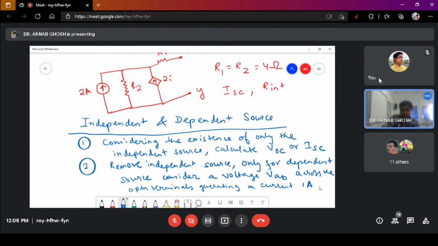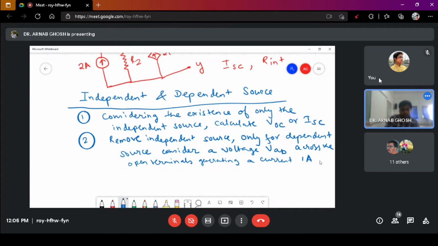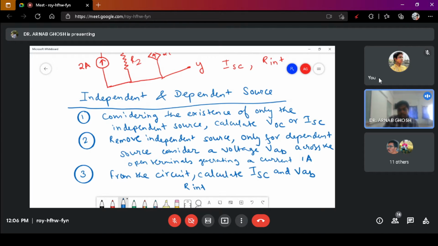Next, from the circuit calculate ISC and VAB. R internal will be equal to VAB by 1.